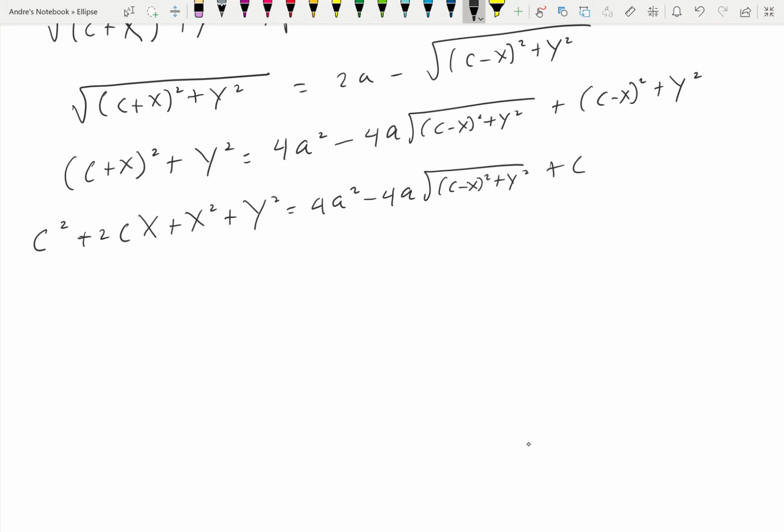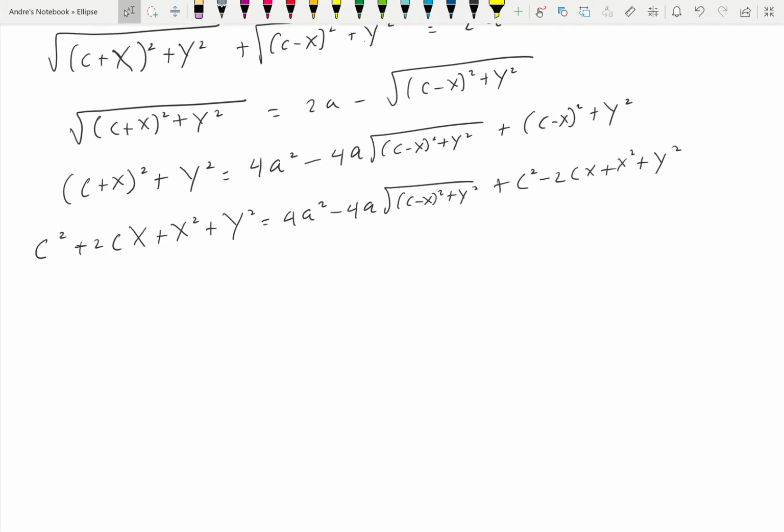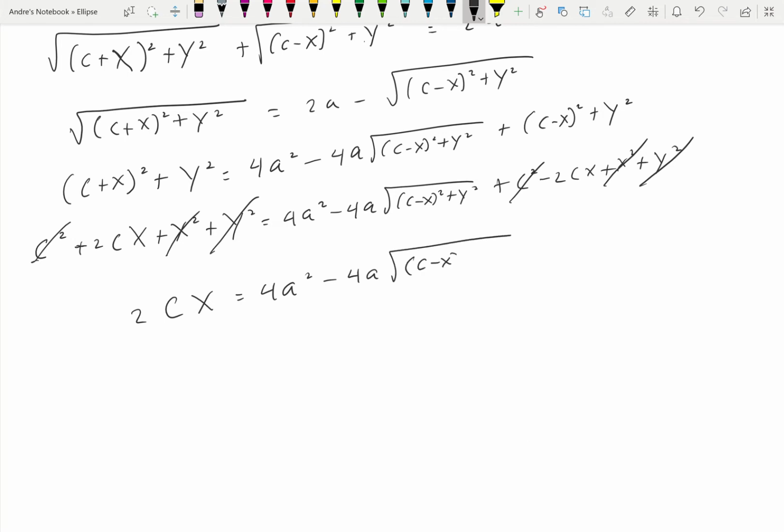Second bracket, we get c squared, this time minus 2cx plus x squared plus y squared. We will get a couple of zeros here. This gives us a nice big 0, this gives us a nice big 0, and this also gives us a nice 0. So you could write that as 2cx equal 4a squared minus 4a root (c minus x) squared plus y squared minus 2cx.